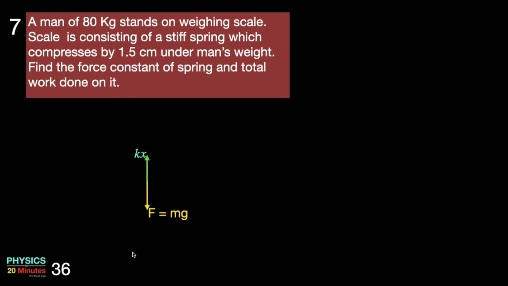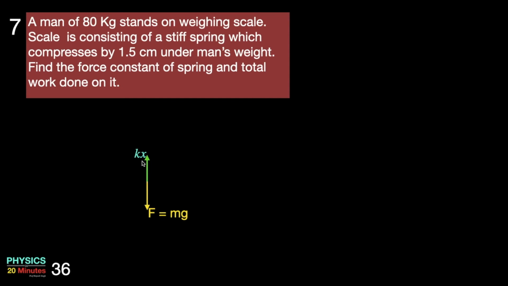Here is the free body diagram of the situation. The force working on the man in the downward direction is mg and in the upward direction is kx. It will be a normal reaction, but if you evaluate, it will be equal to kx.